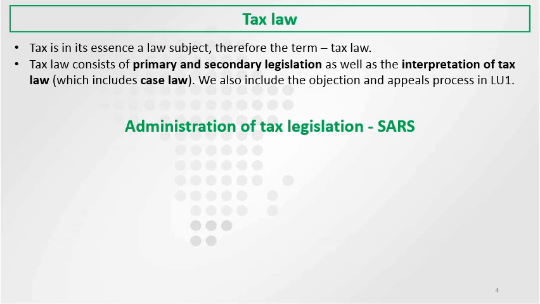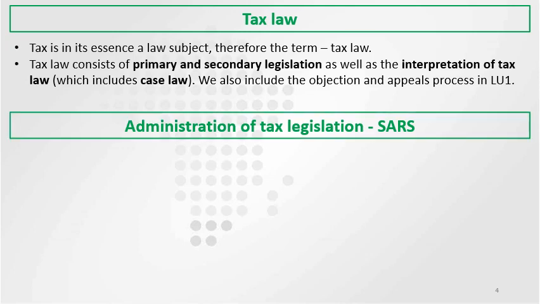And under interpretation of tax law, we include case law. We also include the objection and appeals process here in Learning Unit 1. It is actually part of the Tax Administration Act, which we deal with in Learning Unit 2. But it sort of interconnects with each other.